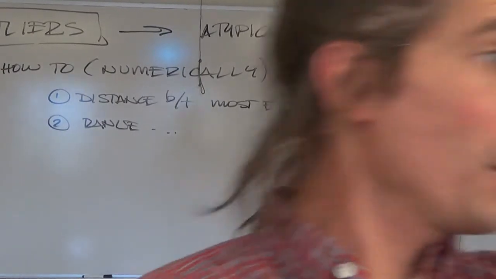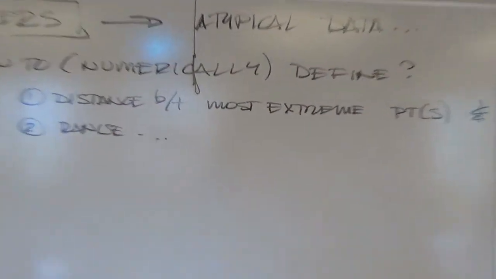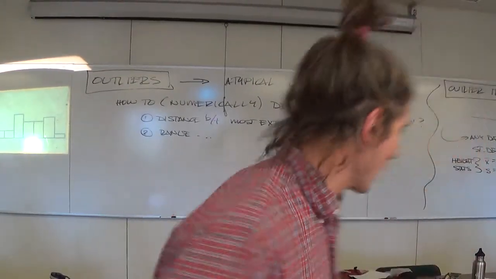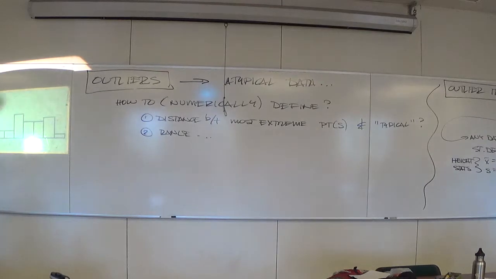Good. See, the problem with the first way is, I'm really close to that camera. The problem with the first way is it doesn't compare the data points to all the other data points' values, just their average distances from an average. Hence the definition of standard deviation.